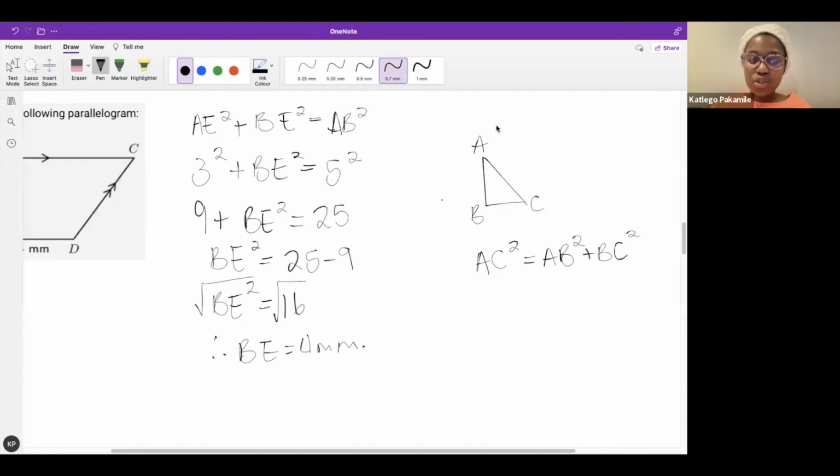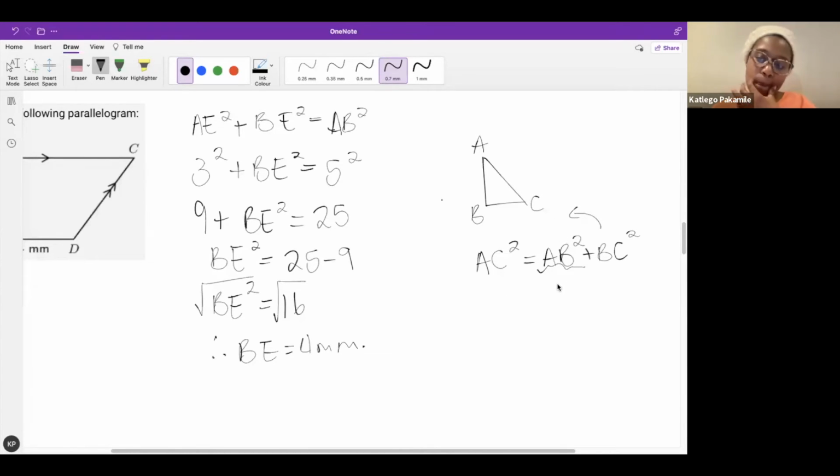This formula is true no matter what. It doesn't matter which one is unknown. This is the formula you use. If, let's say, AB is unknown, you have to change the subject of this formula, as in you have to get AB alone. How do you get rid of BC? You're going to transpose it.